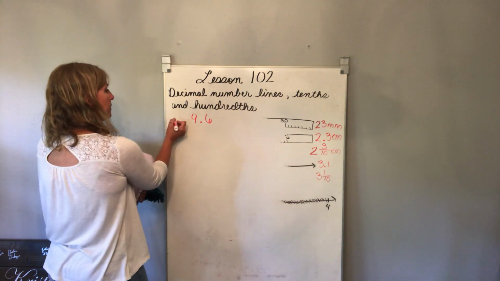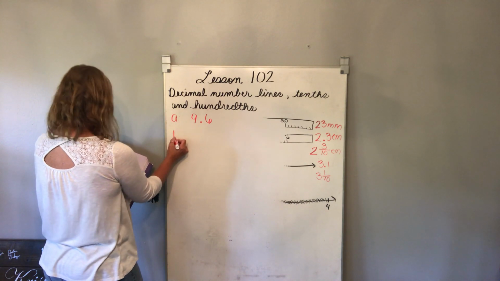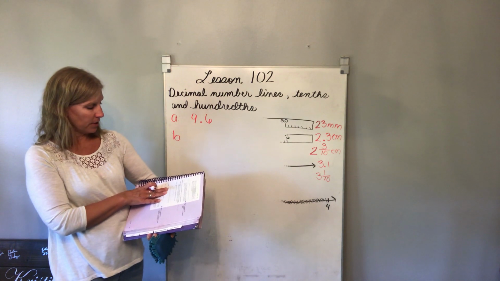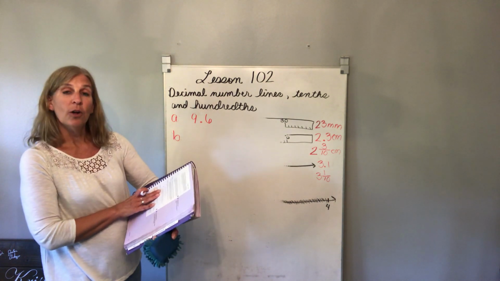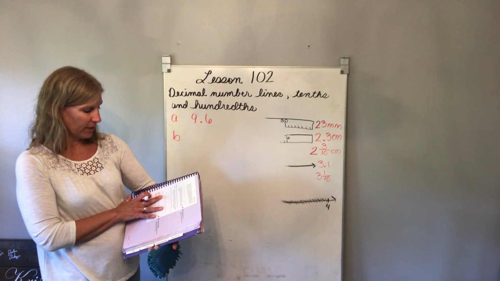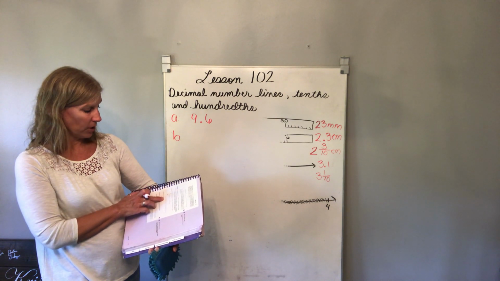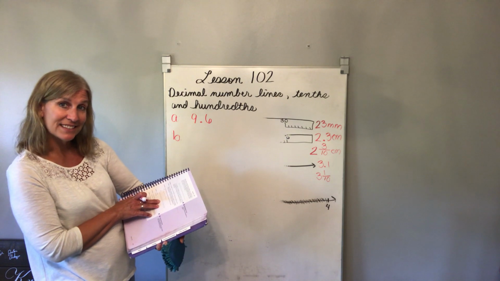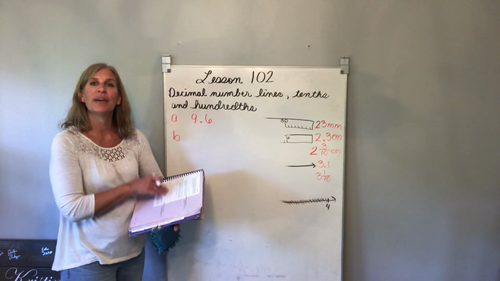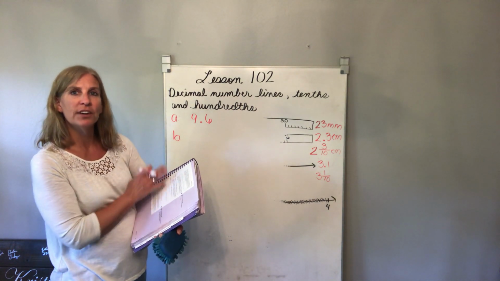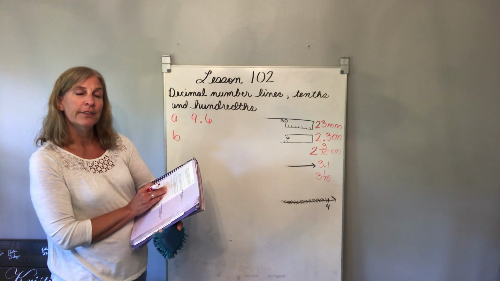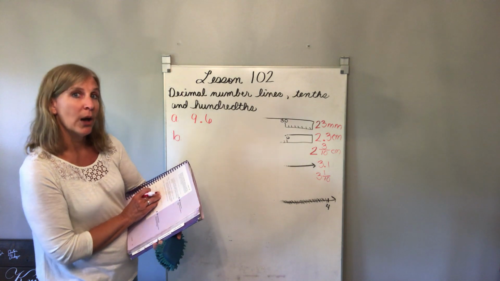Look at B. B has a number line that is marked already with decimals. We are between the 7 and the 8, and it's already marked 7 and 1 tenth, 2 tenths, 3 tenths, 4 tenths, 5 tenths. And then in between those tenths, we have another set of markings. They're again divided into tenths. Tenths divided into tenths, those must be hundredths.